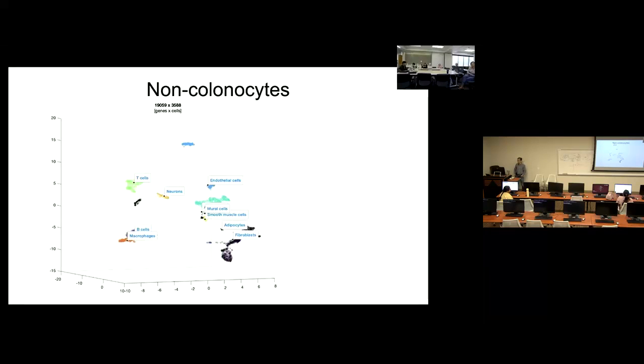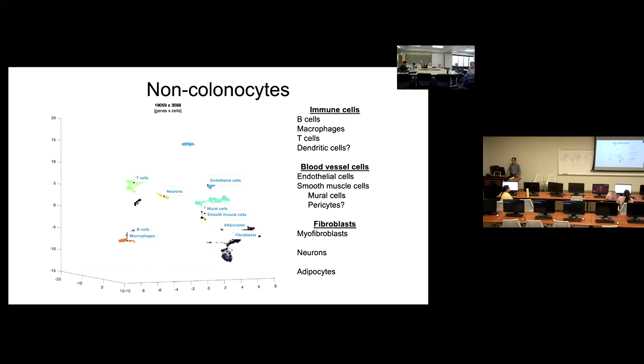I'll just really briefly talk about the non-colonocytes, but it won't be my main focus because these cells are actually pretty easy to identify. You can see that they make up just these little clusters here, and they separate really nicely, and we can identify them. And we get all different sorts of immune cells, B cells, macrophages. Sometimes I see dendritic cells, sometimes not. There's also blood vessel cells, so endothelial cells, smooth muscle cells, mural cells, and pericytes that are all connected to the blood vessels.